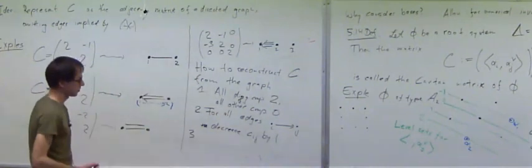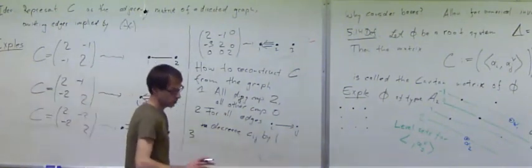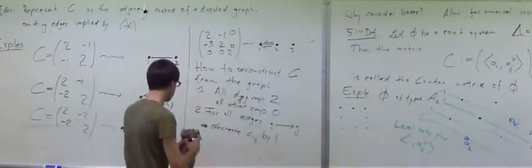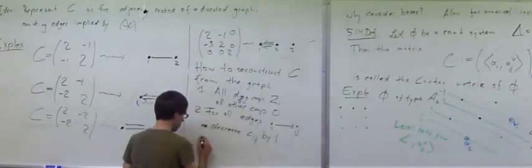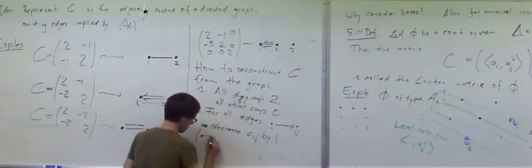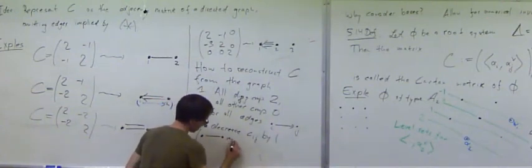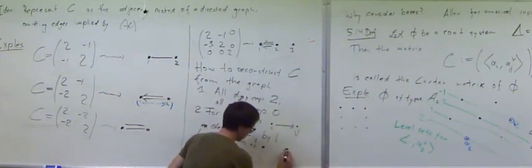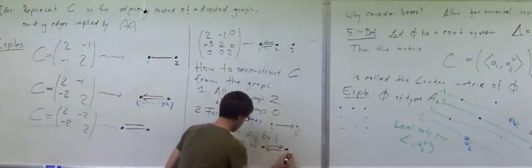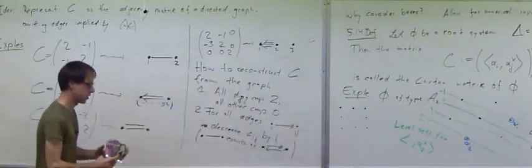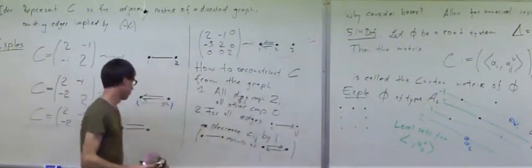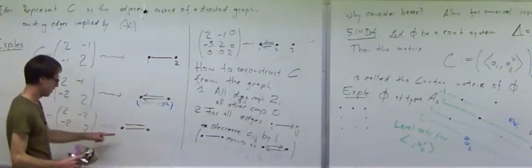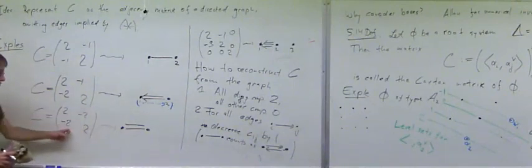And as the last step, unoriented edges count as having an edge in each of the directions. For example, here I would just indicate 2 unoriented edges. That means -2 everywhere.